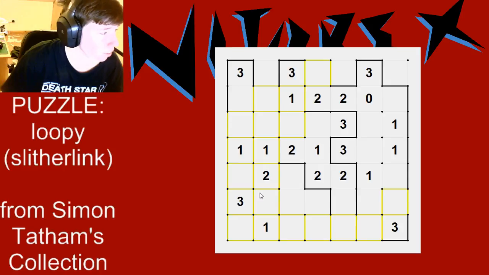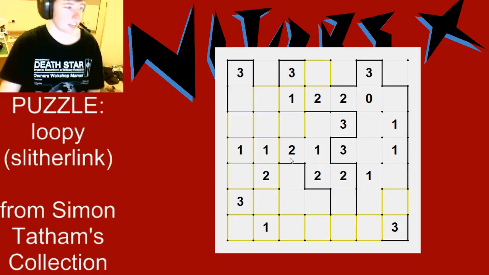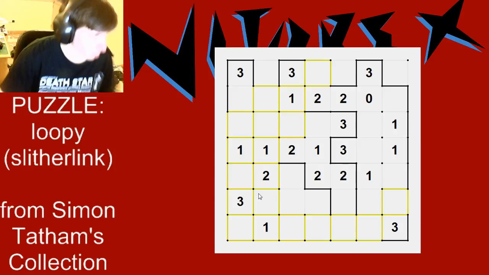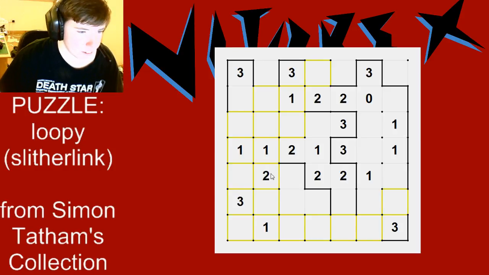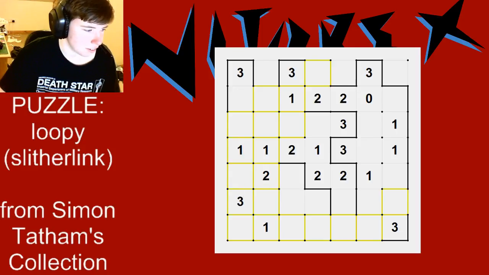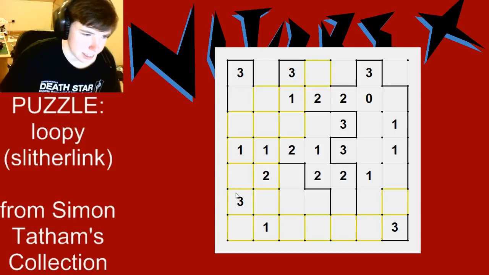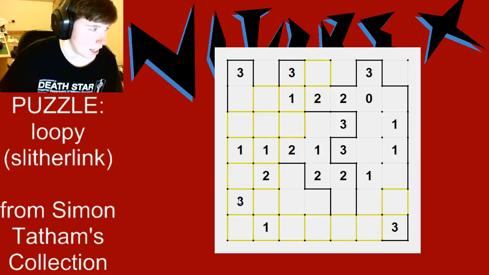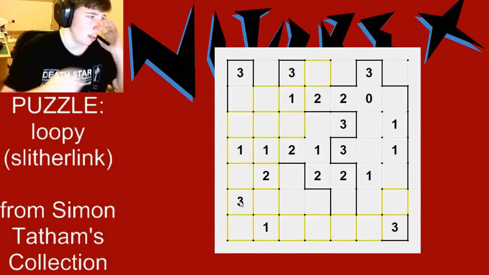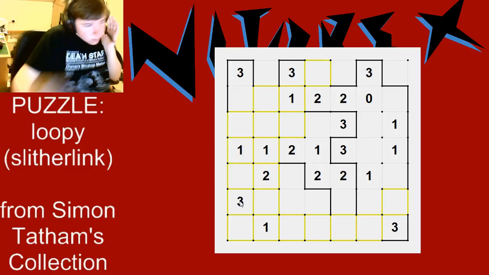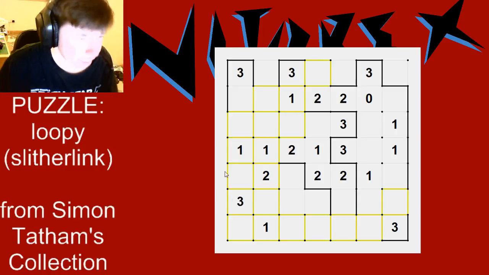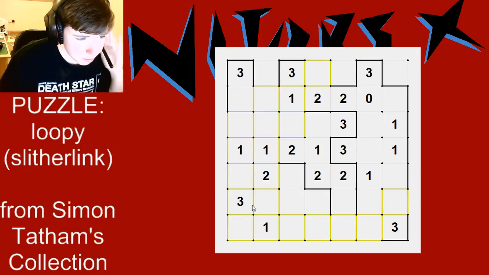Alright, this one's super interesting. So if we go back to what we were saying earlier about the 3 and whether it has 1 coming out of it or 0 coming out of it, when there's a 3 or 1 that's also really high, so a 3 because that's the shape.